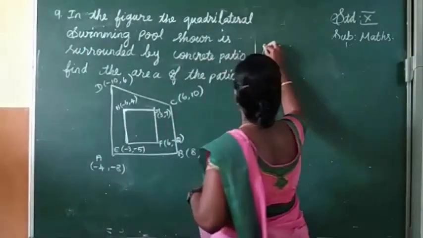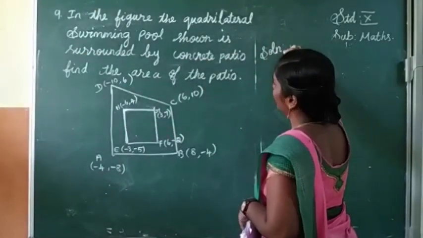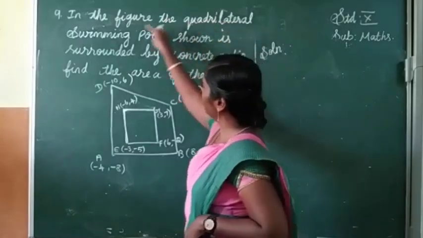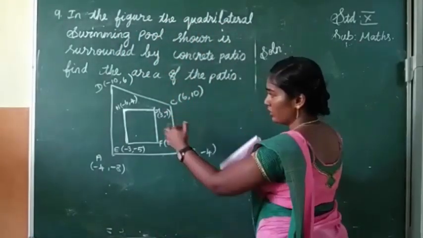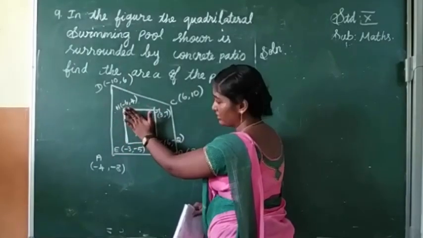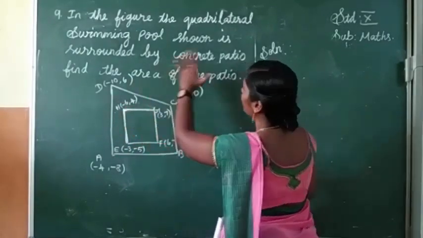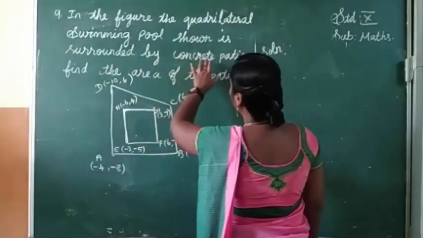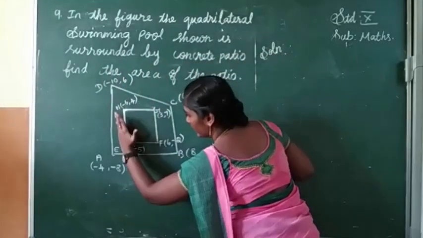We are going to move to the solution. See, in the figure, quadrilateral swimming pool. This looks like a square, but there is a millimeter difference. So don't consider this a square. This is also a quadrilateral, surrounded by concrete patio. So this is a concrete patio.